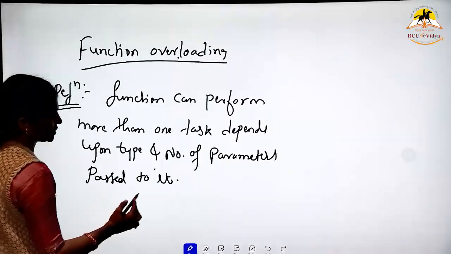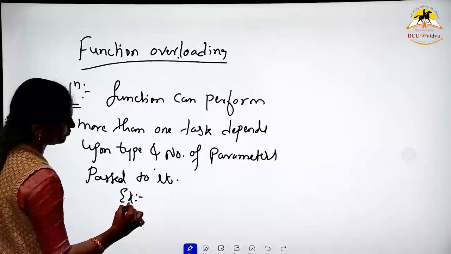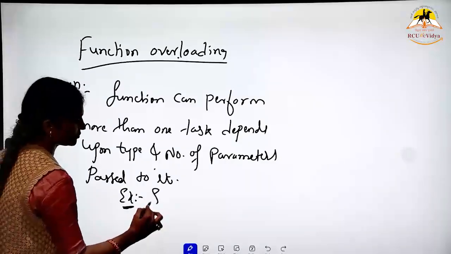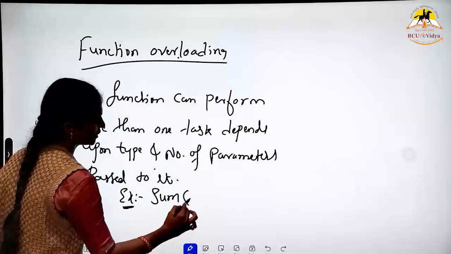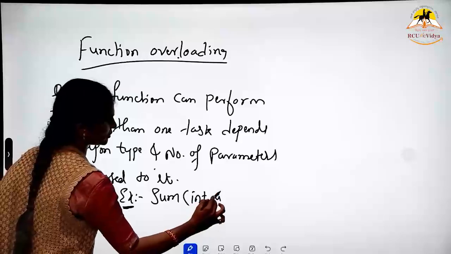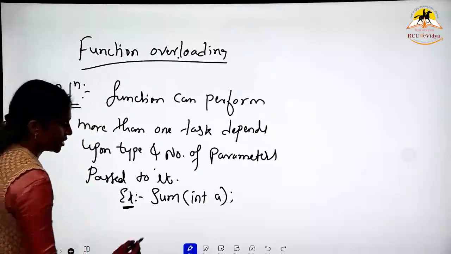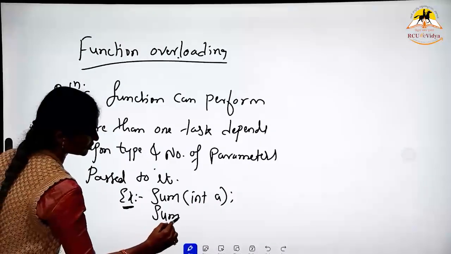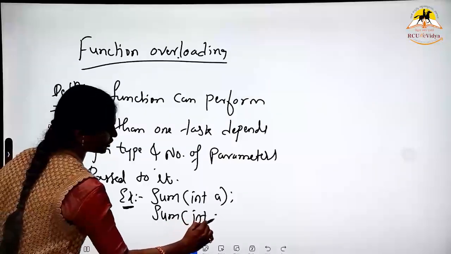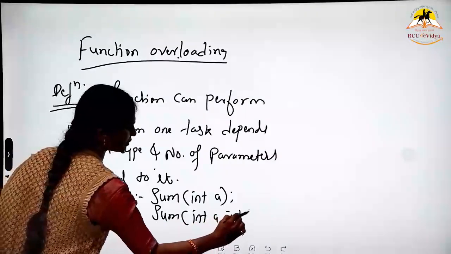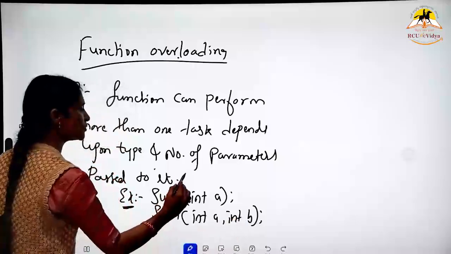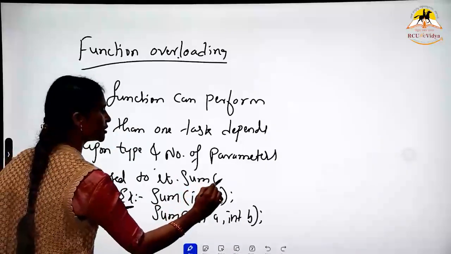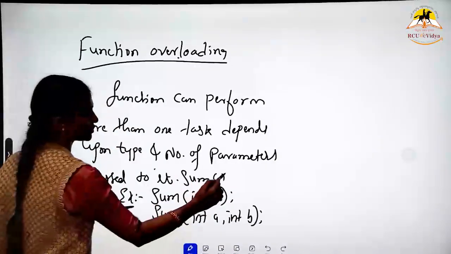So for example, here, sum is a function where it's taking only one argument. Another sum is a function where it's taking two arguments, a and b. Another sum is a function which doesn't take any argument.